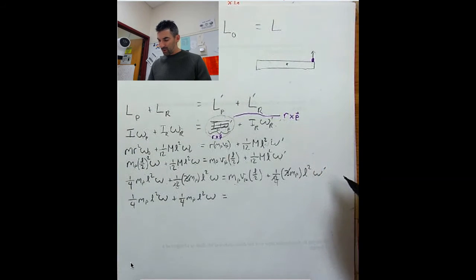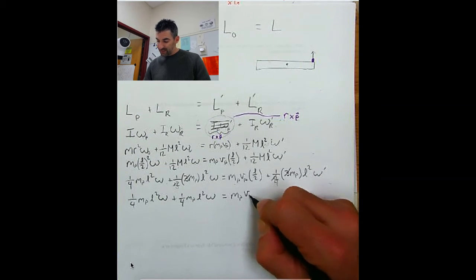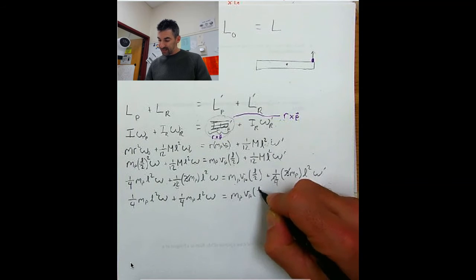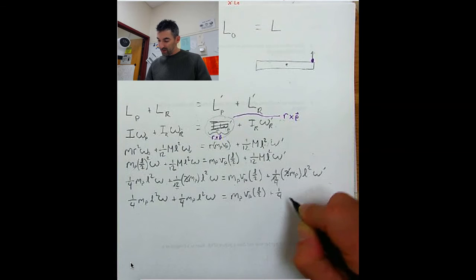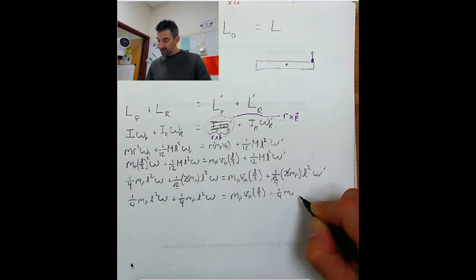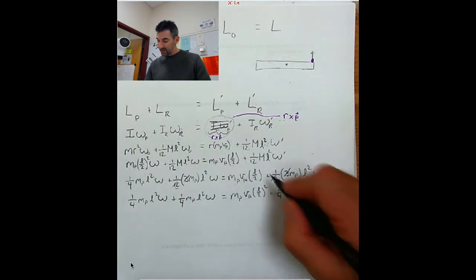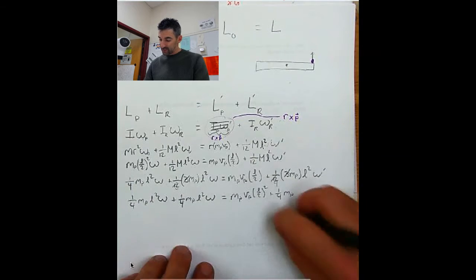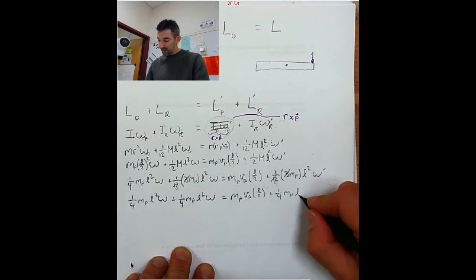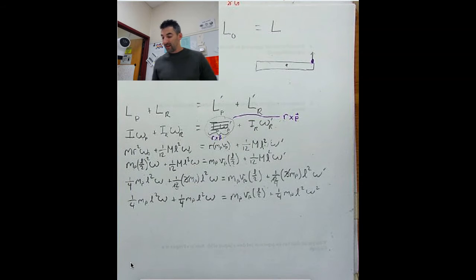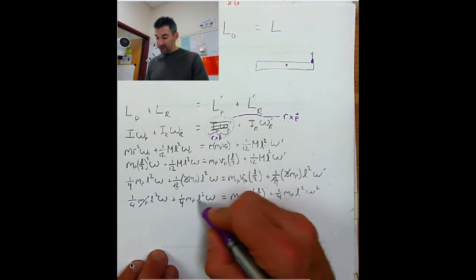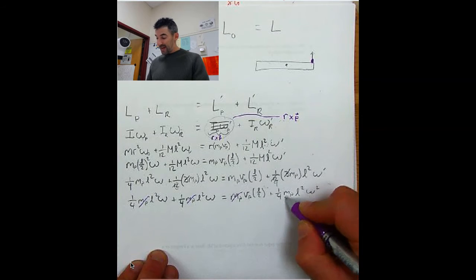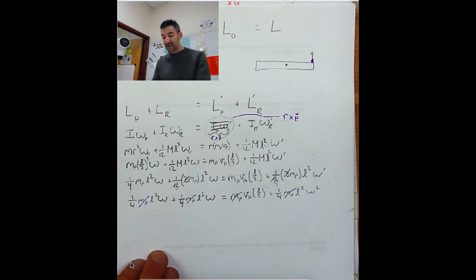That's going to be a 4. Mass of the particle, velocity of the particle, times L over 2, plus 1/4 mass of the particle, L squared, omega. That was why I paused. I knew something was going on. Mass of the particle, mass of the particle, mass of the particle, hey, look at that! Mass of the particle is now gone.